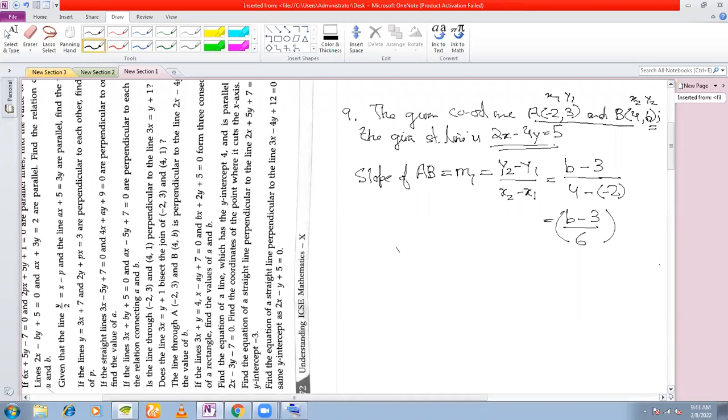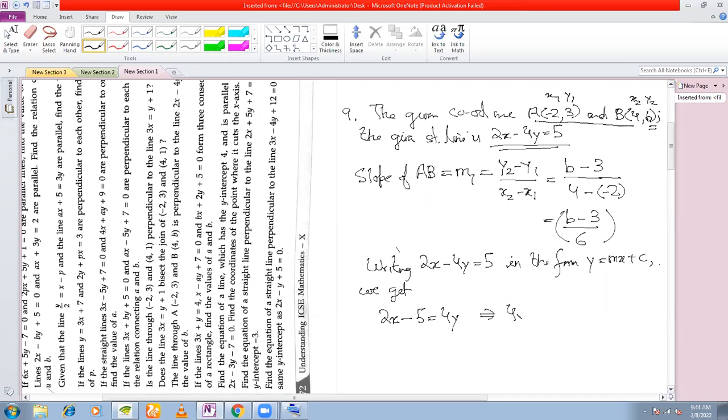Now we want to find out the slope of this line. So writing 2x minus 4y is equal to 5 in the form y is equal to mx plus c, we get 2x minus 5 is equal to 4y.